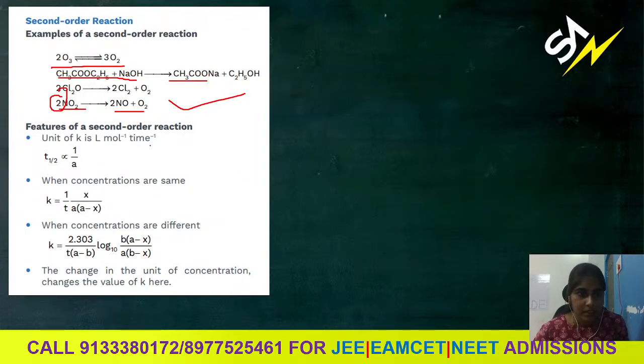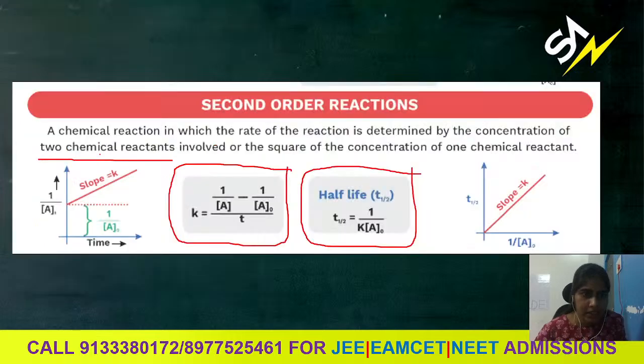Here let's see what the units of a second order reaction are. K is equal to, here there is a difference between the concentrations, so obviously a concentration term is involved in the numerator. That is 1 by concentration, mole per liter. The inverse gives liter per mole, and time gives second inverse.